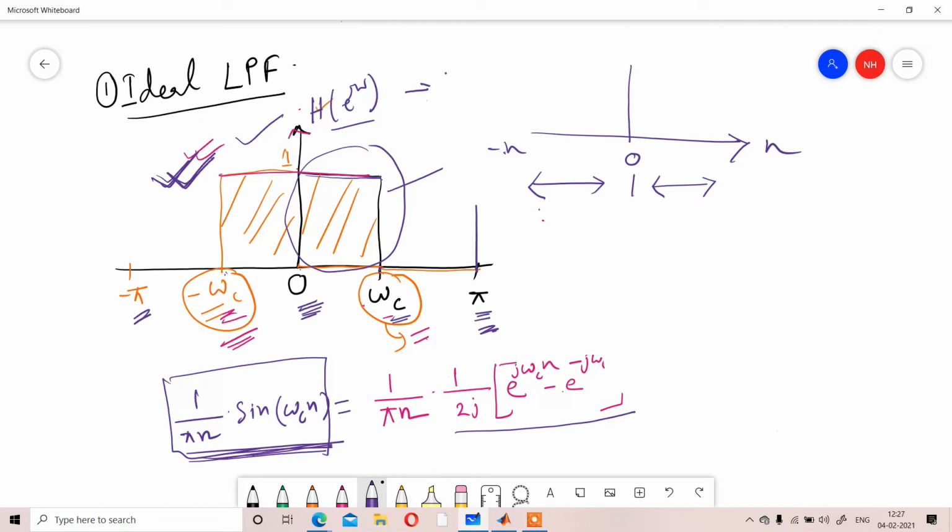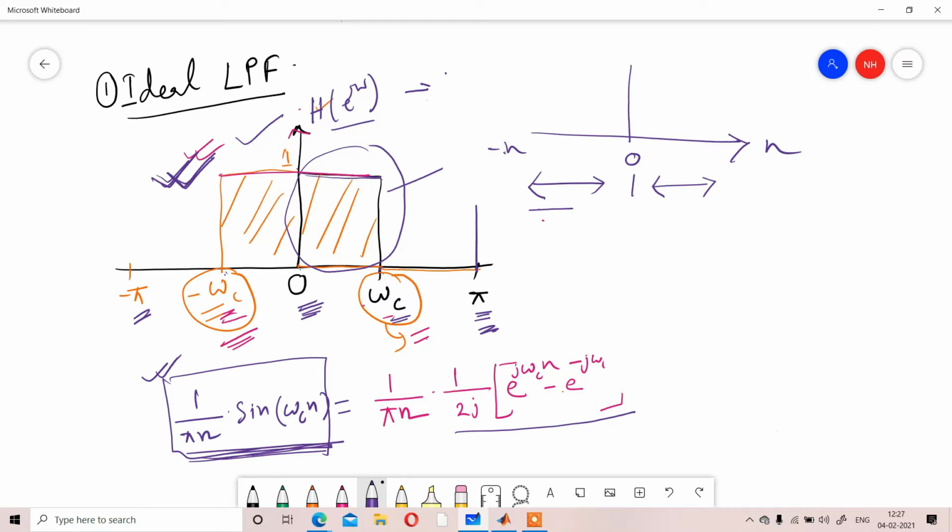Okay, so with respect to that, what is the property of that system? Causal, anti-causal, or non-causal? Non-causal.